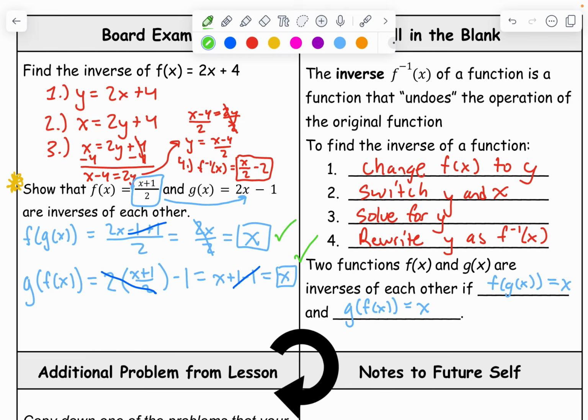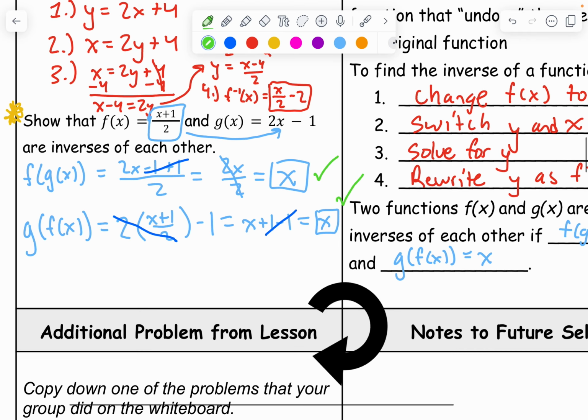One thing to note before you leave me today for your wonderful, cozy couch, bed, whatever it is: on My Math Lab, instead of writing composition as f of g of x, it might write it as f dot g of x, with a little dot in between them. Just know that that just means f of g of x. Or it could go the opposite way, like g of f of x on My Math Lab, when you're plugging f of x into the g function.